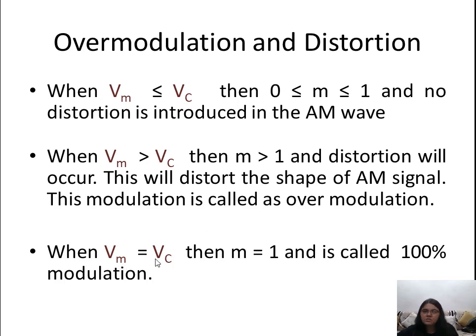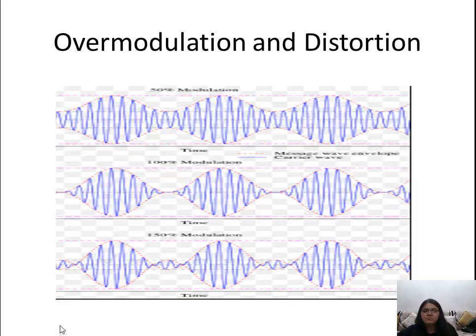If Vm is less than Vc, where m is equal to Vm upon Vc, then there is no distortion. Here you can see that m equals Vm upon Vc, and when Vm is equal to Vc, there is no distortion and no information loss.